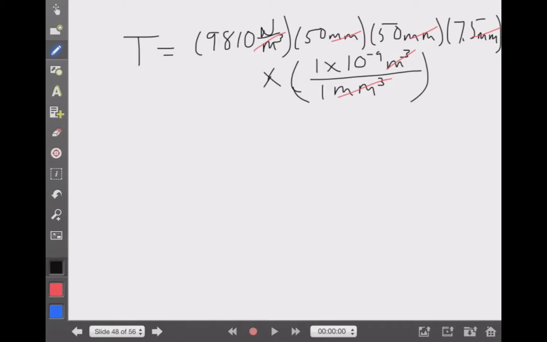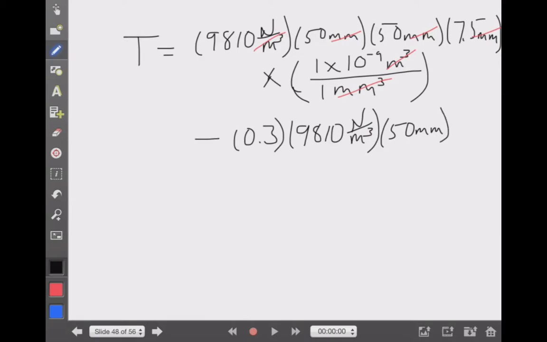buoyant force. We also have to subtract off the weight of the wood block, which is the gamma of the wood, which in this case is just 0.3. It's just going to be the specific gravity times the specific weight of water, in newtons per meter cubed, times the total volume of the block to give it the total weight.